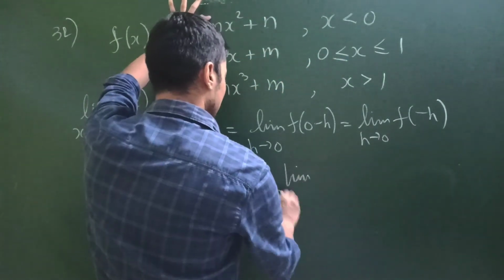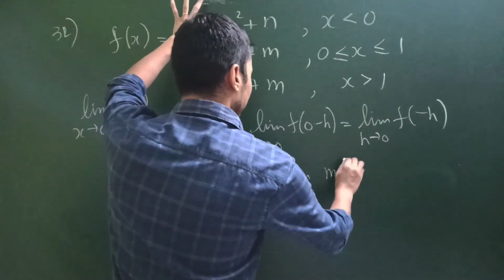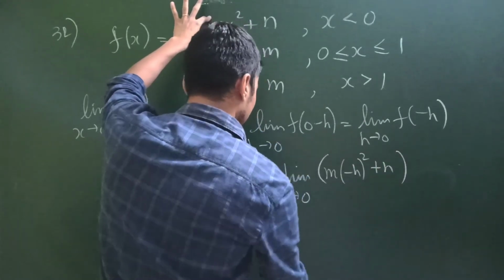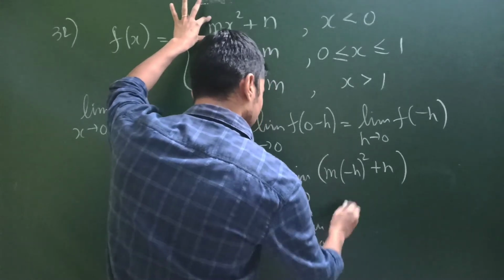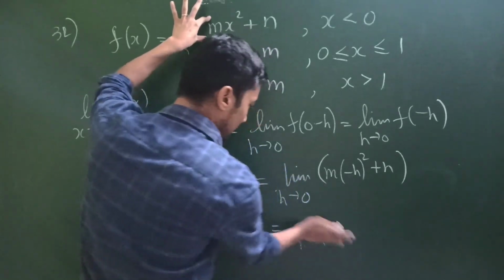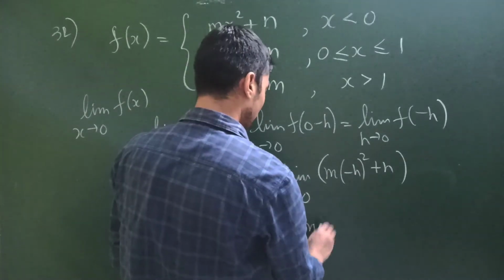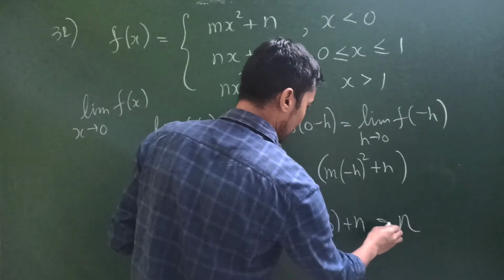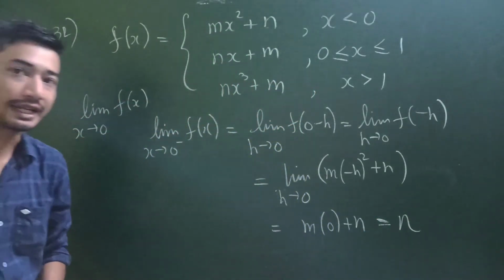So limit h tends to 0, m into minus h squared plus n. Now we can just use h equal to 0. If we just use that, this becomes m into 0 plus n. So the left hand limit that we have here is n.